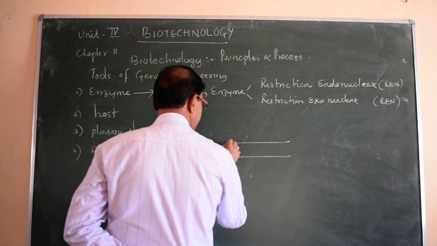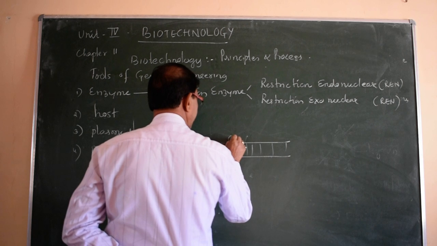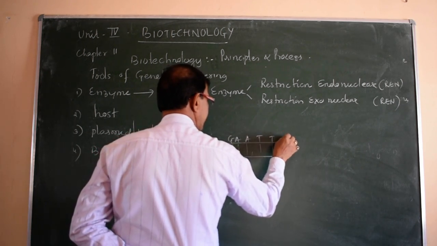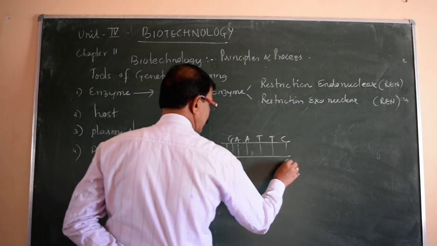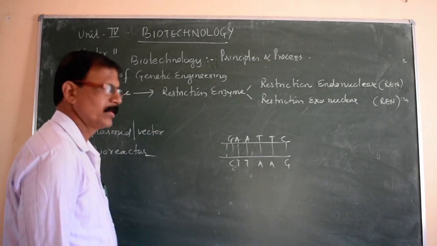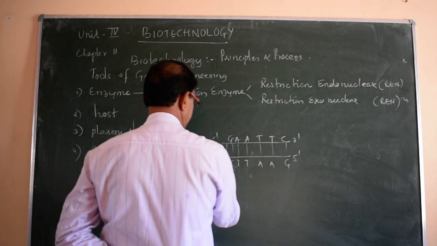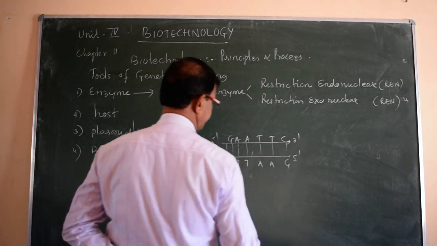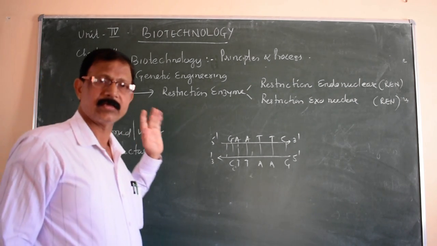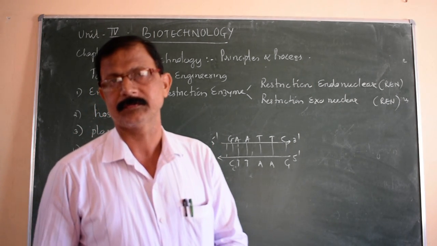So if you have taken this much portion, here GAATTC, and here also GAATTC. This is 5' to 3' and this is 3' to 5'. This is the sequence. In this sequence, a particular restriction enzyme operates.